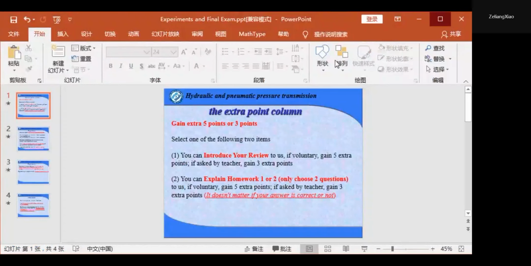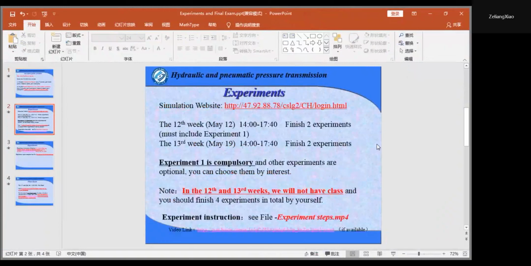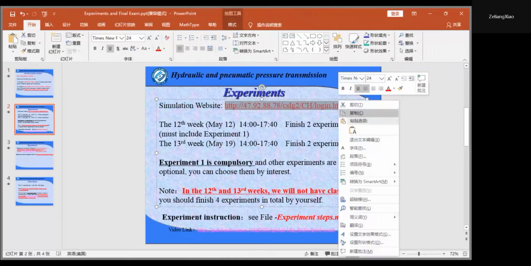It's about the experiments and the final exam. Okay. Now we go to the experiments. The experiments are simulation experiments. So you should go to this website.